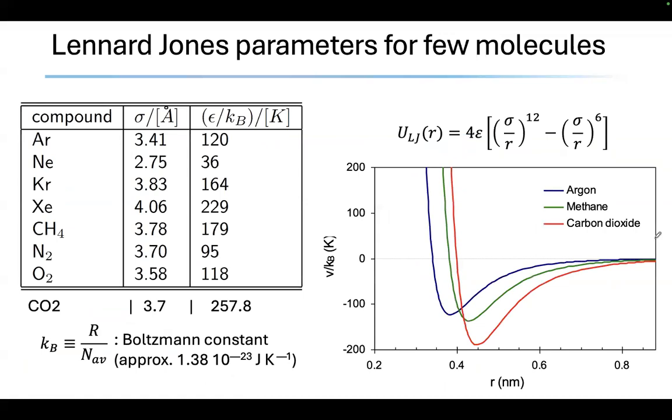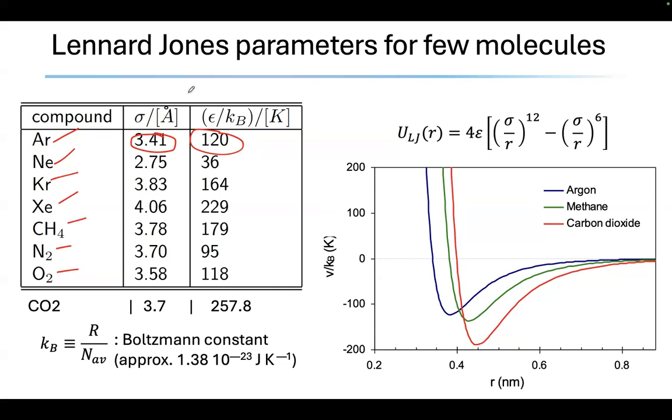As a final note, Lennard-Jones potentials have been used for a wide variety of molecules, and parameters are available in many standard texts. You can look at Lennard-Jones potentials for argon, which has a sigma and an epsilon associated with it. There's also something for neon, krypton, xenon, methane, and so on.